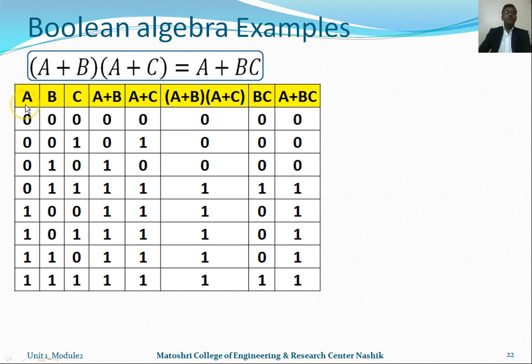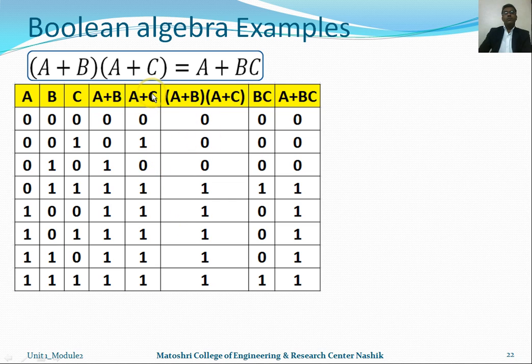Means there are three inputs, so all the possibilities are written here. In the third column we are ORing A and B, and in the fourth column we are ORing A and C.